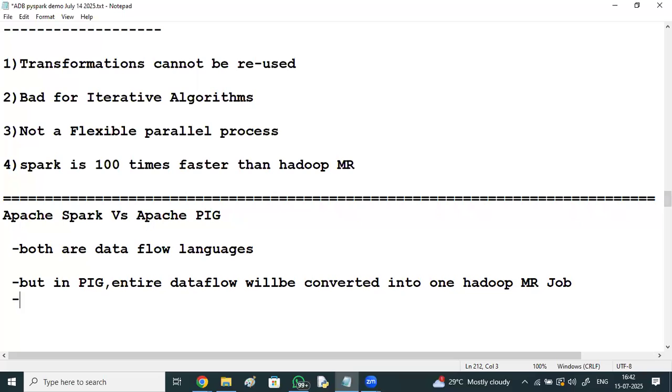Already we said Hadoop MR has a drawback. What is the drawback we see in Pig? Already Hadoop MR has a drawback, and again it is converting into a Hadoop MR job and executing. MR job means MapReduce.